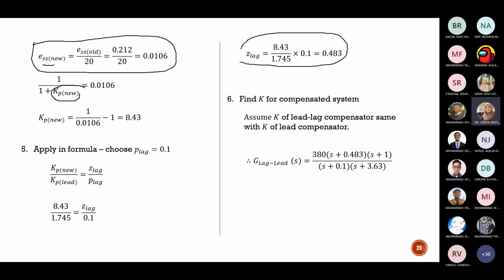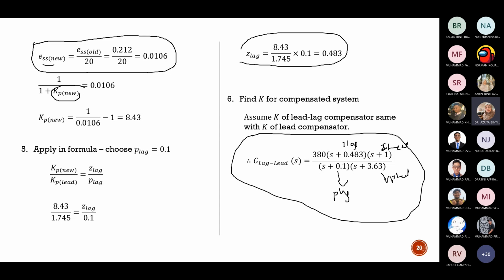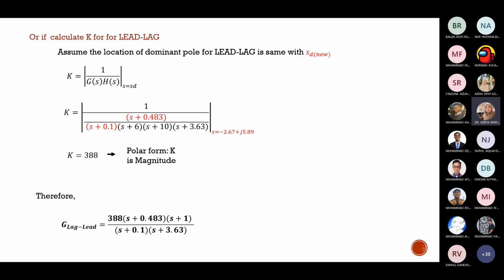So you just put 380 S plus 0.483, Z lag, and then we have Z lead, and here is the P lag and P lead. So we already designed the compensator for this question. Okay, so that's all for the lead.